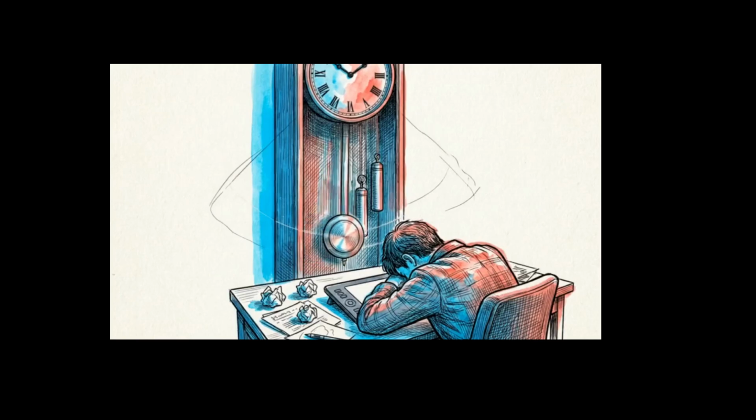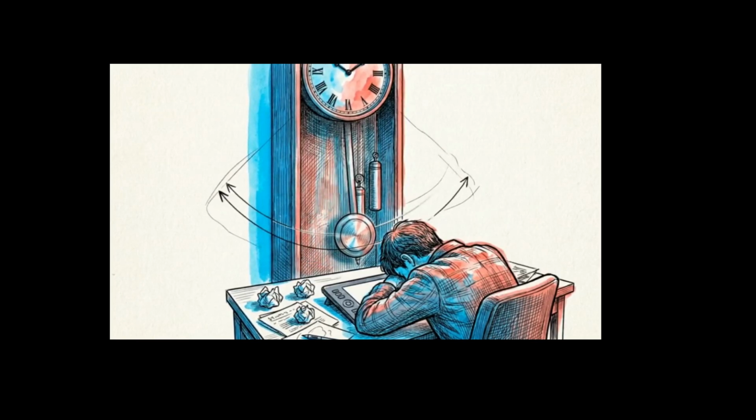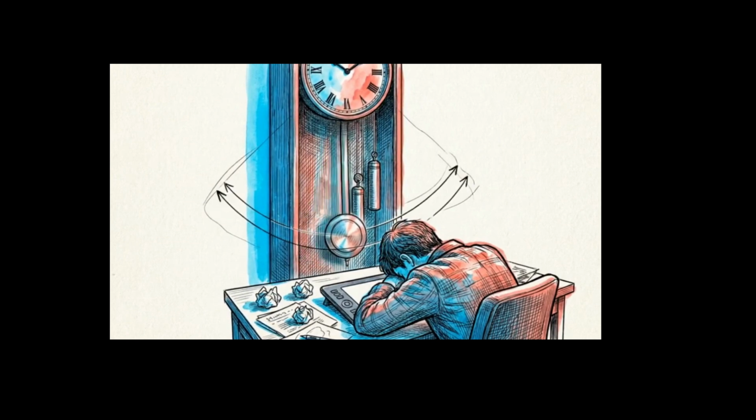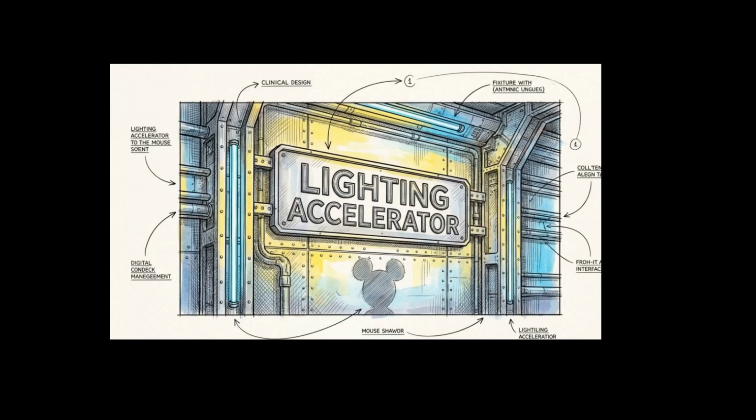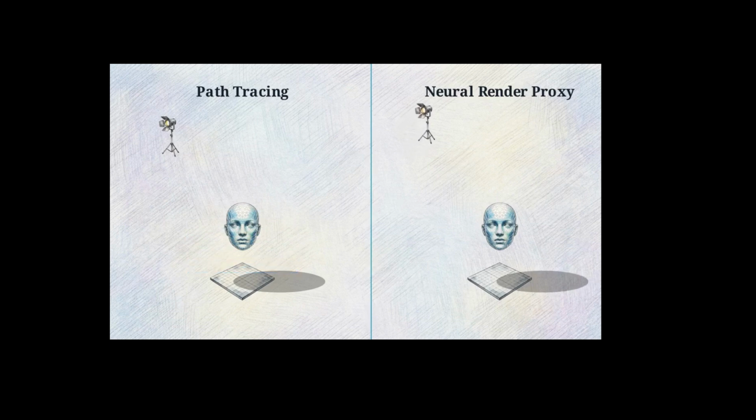It removes waiting time. Creative people don't want AI making artistic decisions. They want AI removing the bottlenecks when doing creative work. If rendering becomes interactive, artists will naturally experiment more. More experiments will actually lead to better images. That's where I think AI delivers the biggest value.